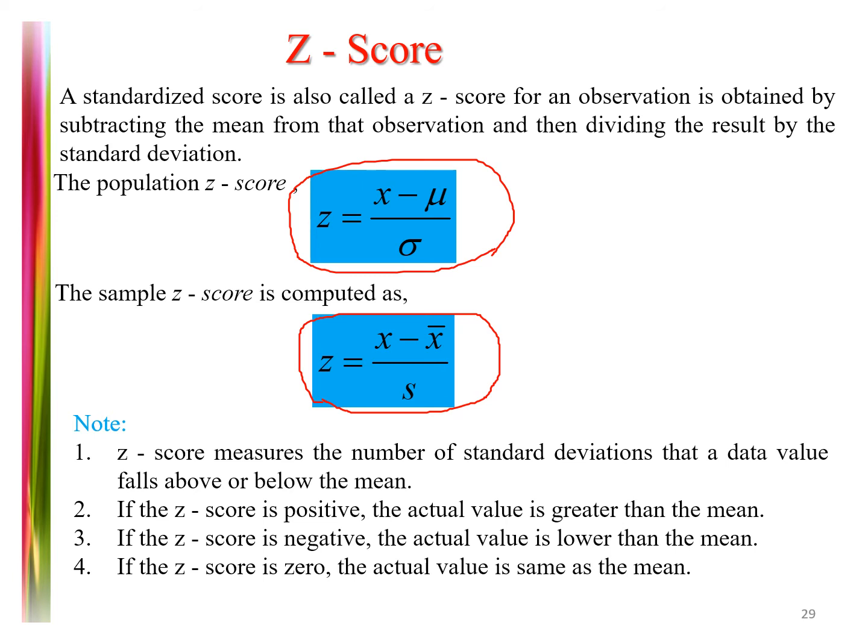First, the Z-score is positive, meaning the actual value is greater than the mean. Or the actual value is lower than the mean, so the Z-score is negative. Or both are equal, the actual value is the same as the mean, so the Z-score is 0.